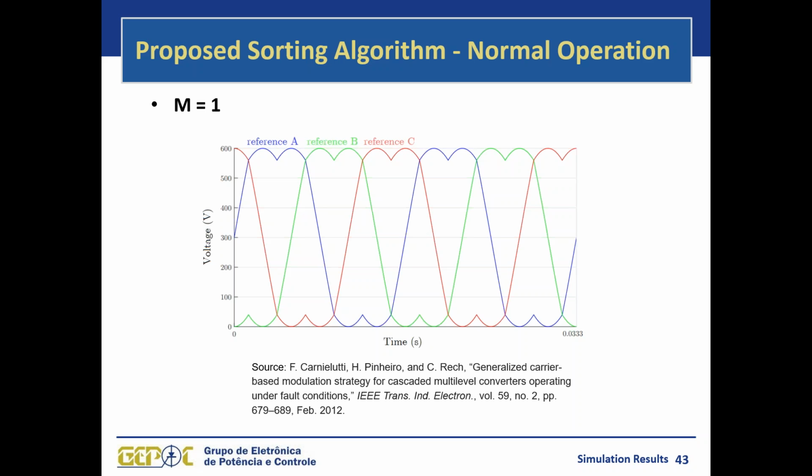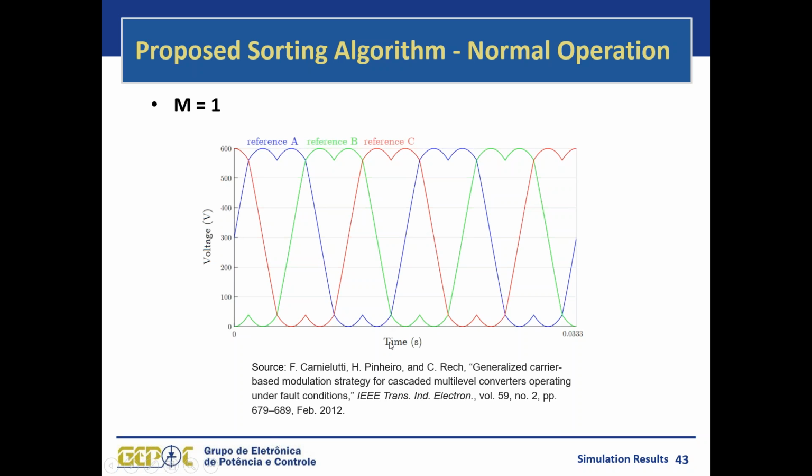So let's come to some results to demonstrate the operation of this modulation strategy. So here we have the reference voltages or reference signals for each one of the phases, reference A, B, and C. They are escalonated between 0 and 600, because we are considering that the carrier of the DSP is between 0 and 100.